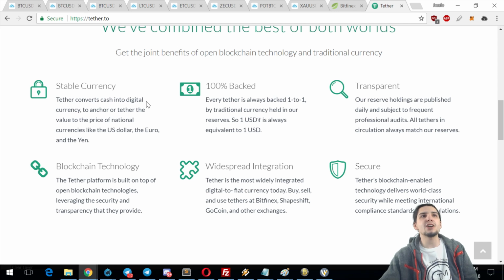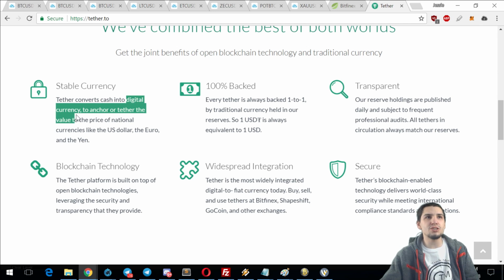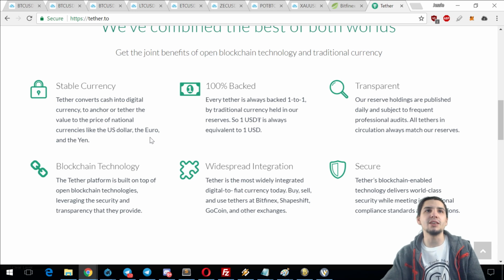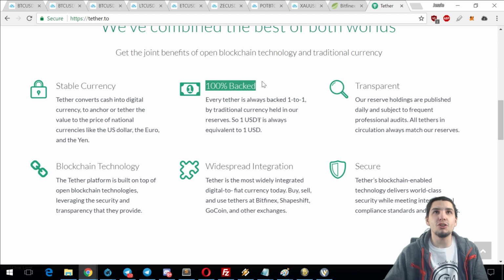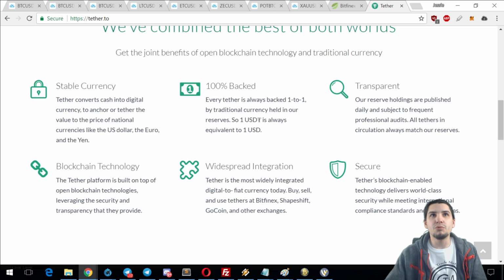Tether converts cash into digital currency to anchor, or tether, the value to the price of national currencies like the US dollar, the euro, and the yen. Okay, so the Tether Company claims, and this has been under audit numerous times, and we have seen times where Tether really does not reflect the US dollar, and that brings us to our points of concern, which we'll talk about afterward.